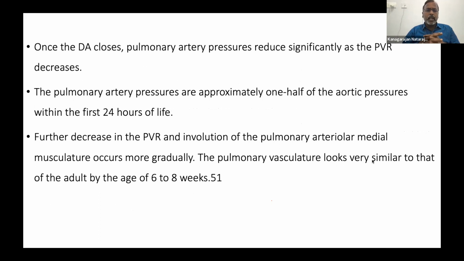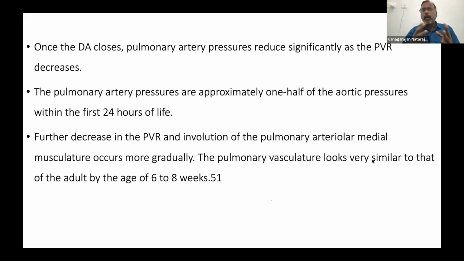Once the DA closes, the pulmonary artery pressure reduces significantly as the PVR decreases. It is almost 50% within the first 24 hours of life, and it will reach adult PVR. That is what we call neonatal PAH, neonatal pulmonary artery hypertension.